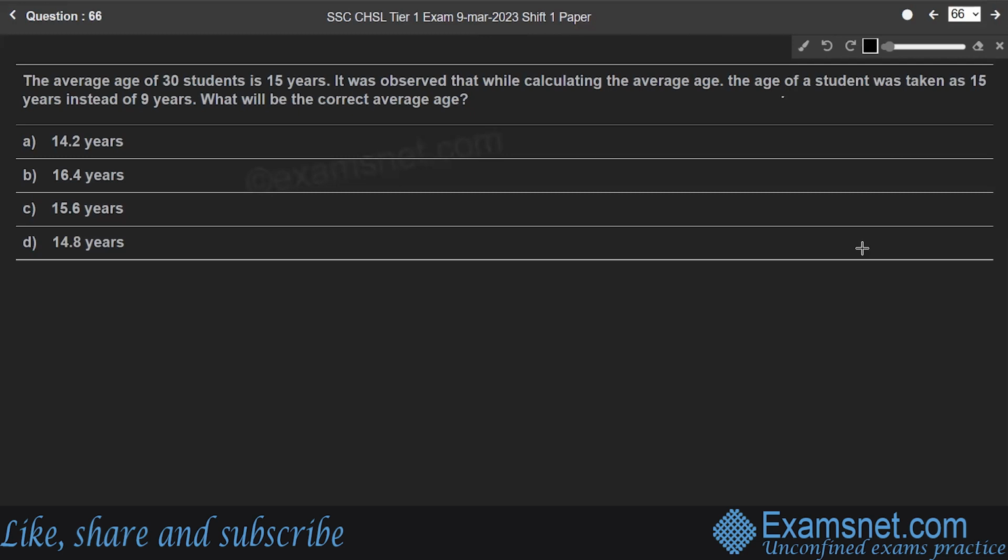Question 66. The average age of 30 students is 15 years. It was observed that while calculating the average age, the age of a student was taken as 15 years instead of 9 years. What will be the correct average age? Here students, there are 30 students. We'll consider n as 30, the number of students, and their average age is 15 years, right?